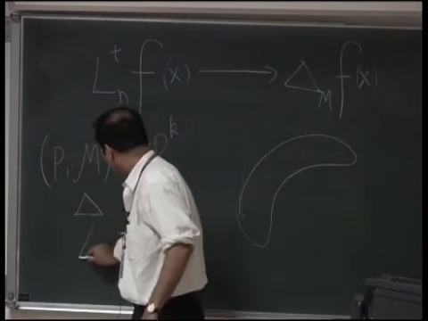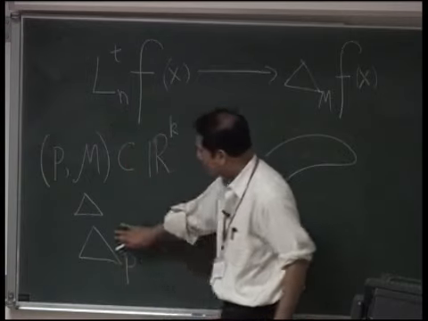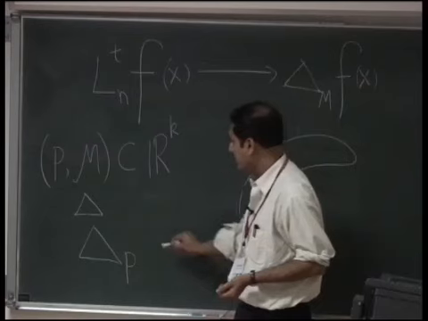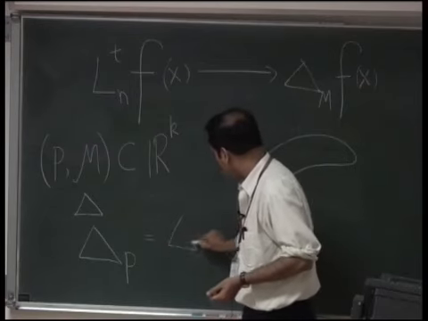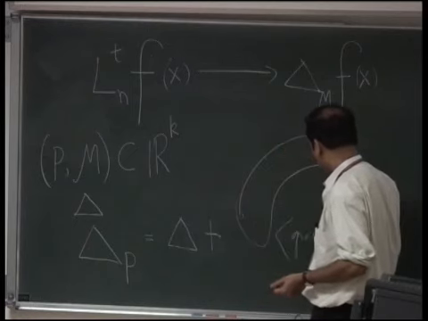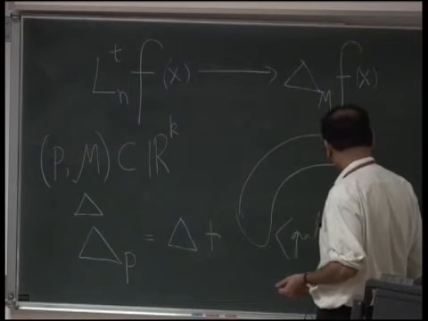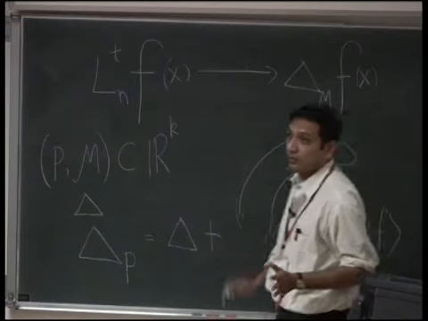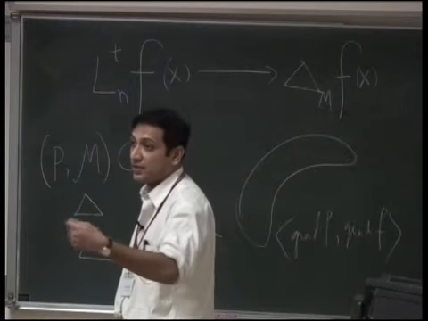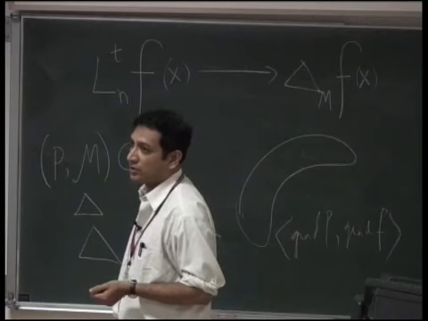This is called a weighted manifold, and it has a Laplace operator called the weighted Laplacian, which is, roughly speaking, delta plus grad p grad f. So it is the ordinary Laplacian plus a drift term. Okay. This leads to essentially the Fokker-Planck equation.